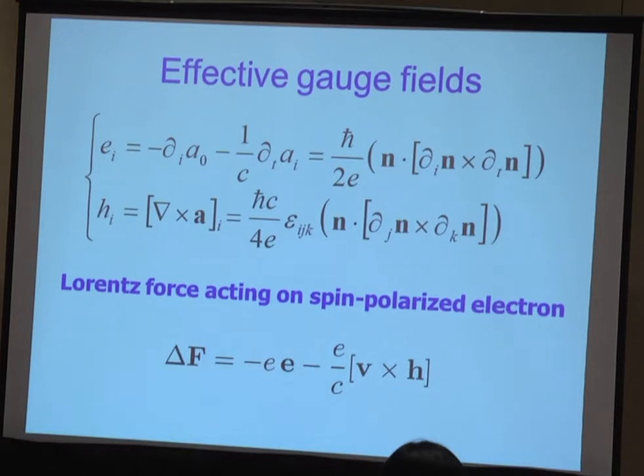In Skyrmions, the topological charge has the meaning of the baryon number. What is the meaning in these magnetic Skyrmions? We know that out of this magnetization vector and its spatial and time derivatives, we can construct effective electric and magnetic fields, and they affect the dynamics of magnets and of electrons passing through the Skyrmions, and they particularly exert the Lorentz force on electrons.